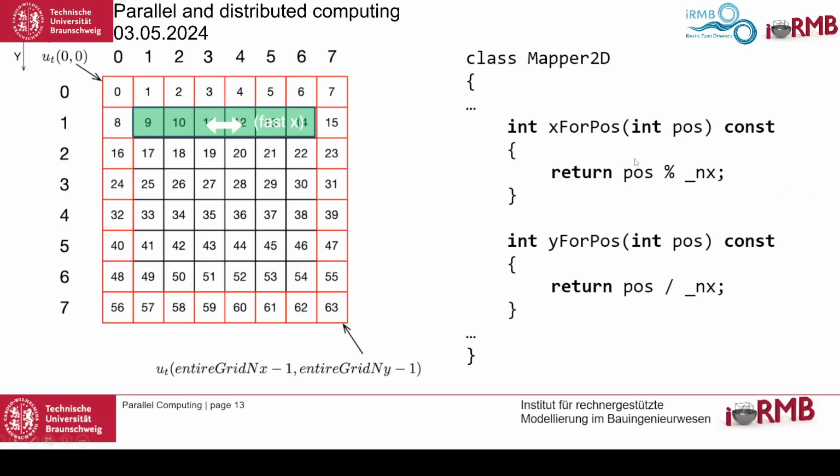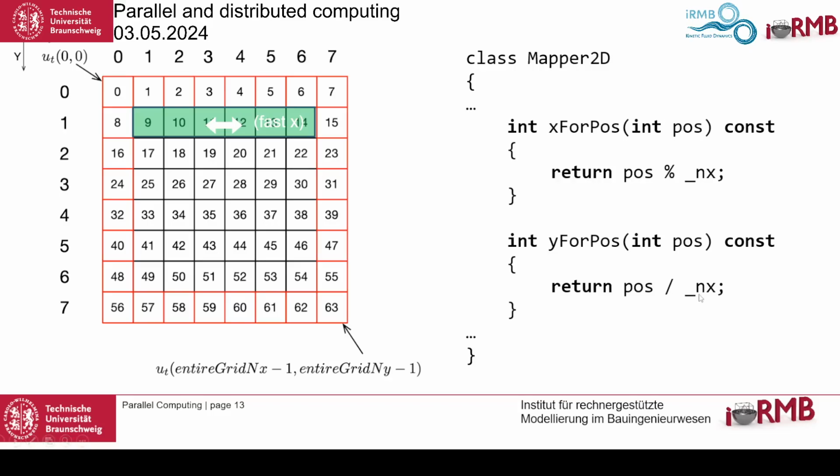So this is position, and it takes the modulo, the position modulo the length of one row, gives you the position in x, and y is just this integer division.